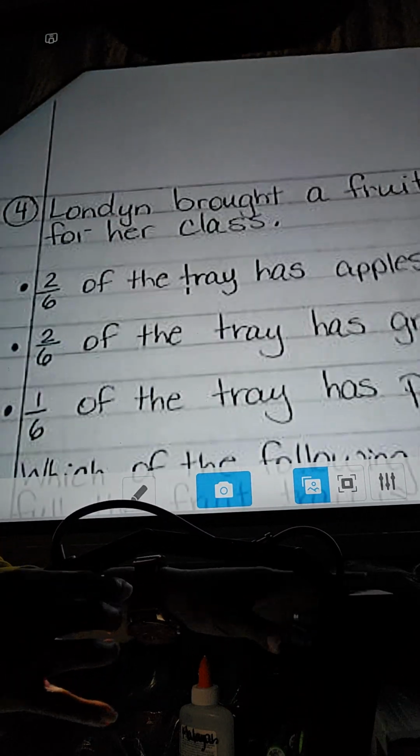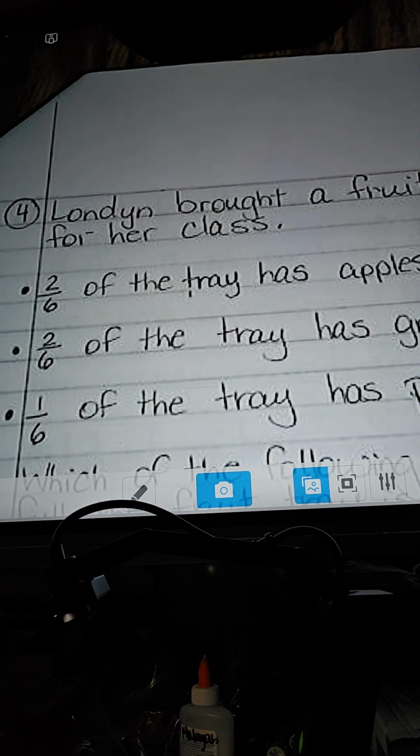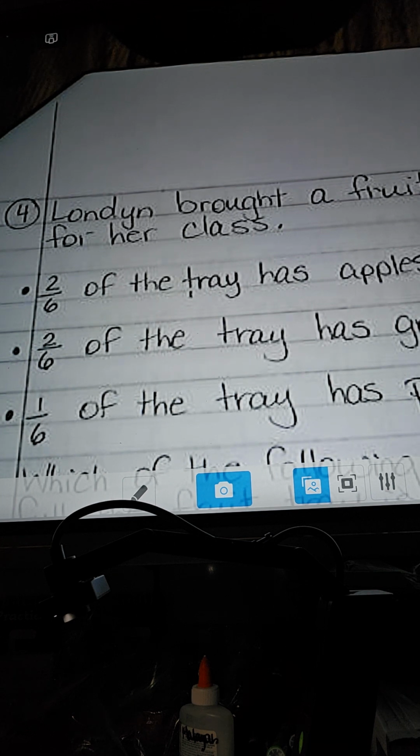All right, let's go to number 4. London brought a fruit tray for her class. Two-sixths of the tray was apples. 2/6 of the tray was grapes. 1/6 of the tray was pineapples.